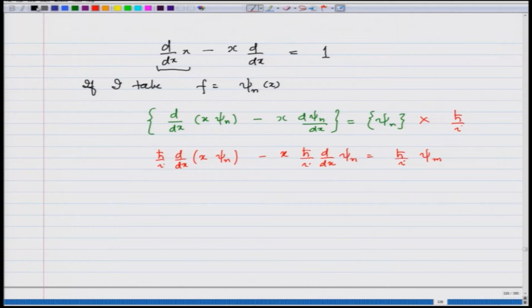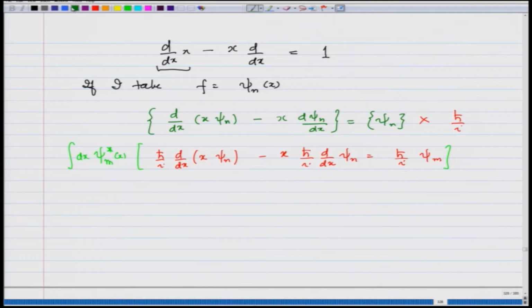Next, let me multiply both sides by psi m star x and integrate over x.